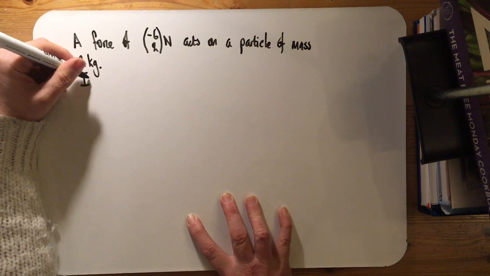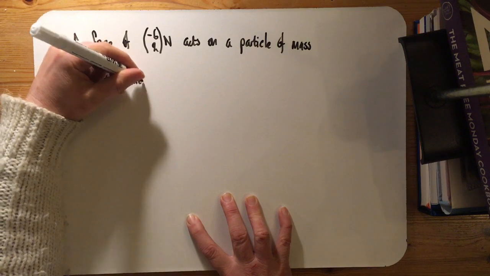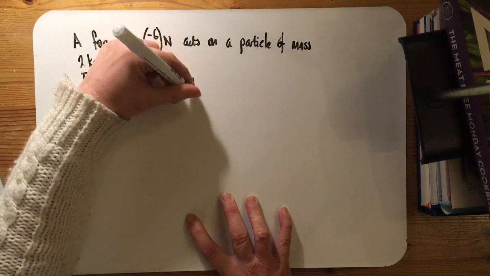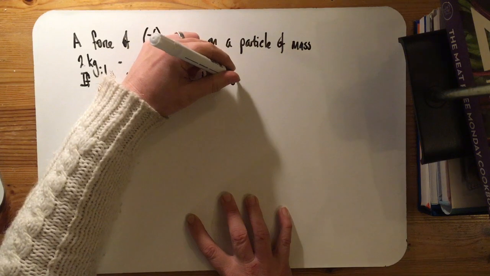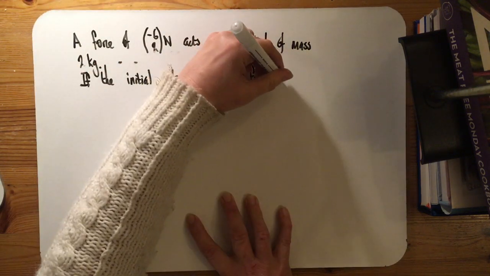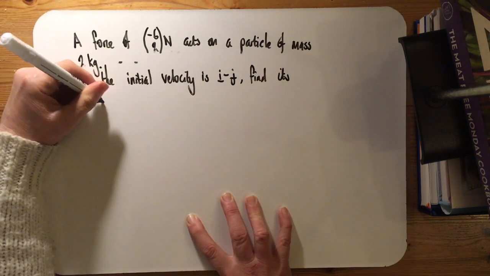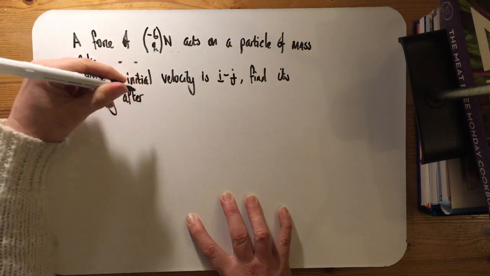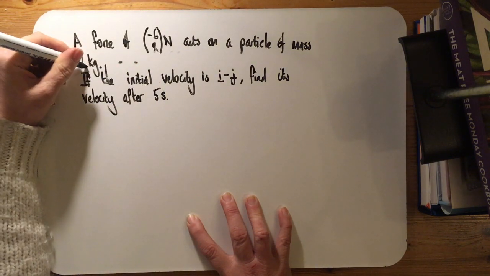If the initial velocity is i - j, find its velocity after 5 seconds. Sorry about the smudging.